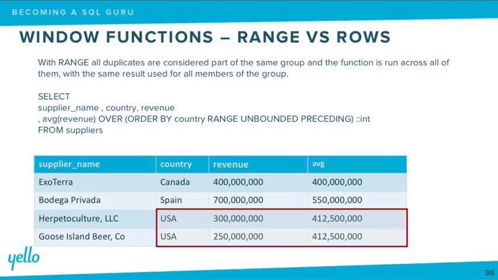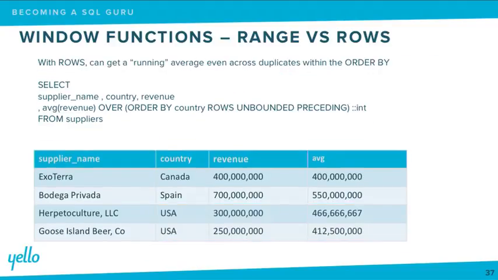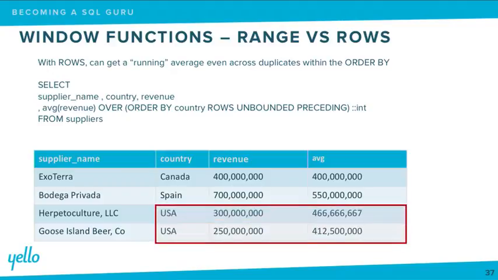So the 412.5 is actually the average of all 4 rows in this data set. Now, if I were to change my syntax to say rows unbounded preceding, now we can see that each of these rows is handled independently. Does that make sense? Does it make sense why you might need to make this distinction?